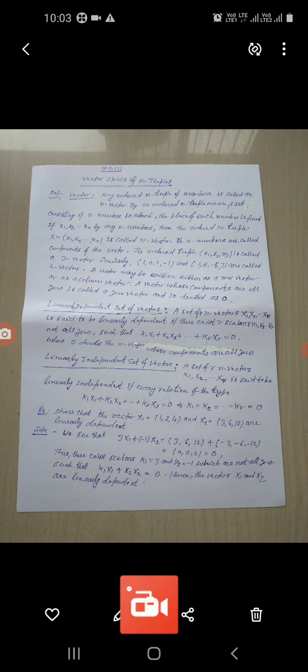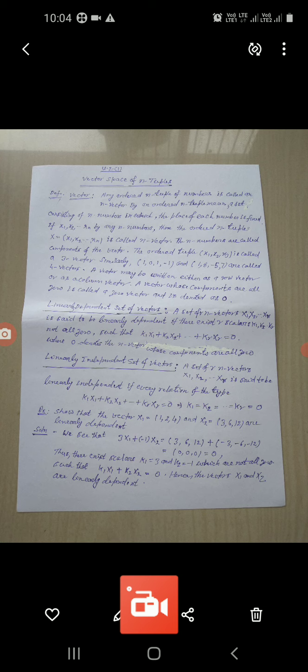So a vector may be written either as a row vector or as a column vector.